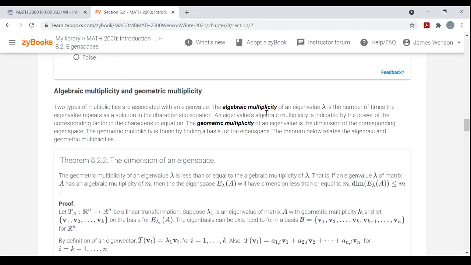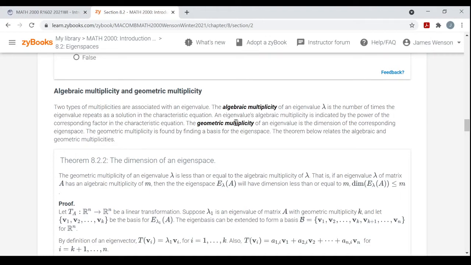An eigenvalue's algebraic multiplicity is indicated by the power of the corresponding factor in the characteristic equation. So this algebraic multiplicity is the multiplicity you're familiar with from maybe pre-calculus class or a previous algebra class, when you talked about the multiplicity of a zero of some polynomial, of a solution to a polynomial equation. So this is the multiplicity you're used to.